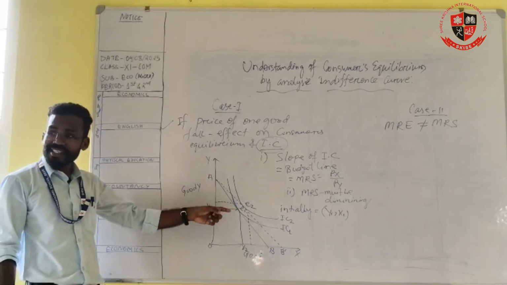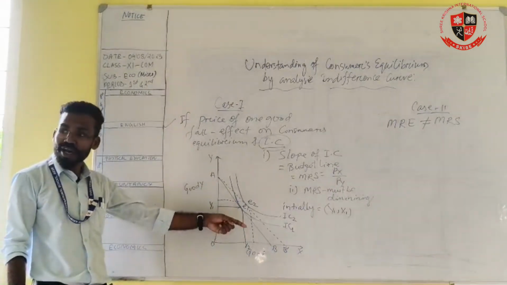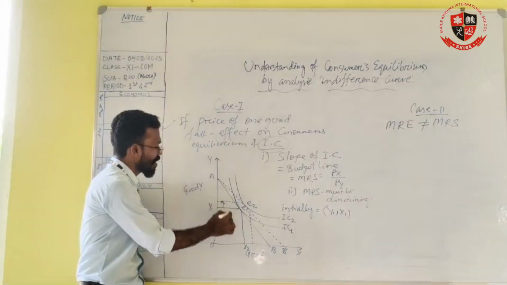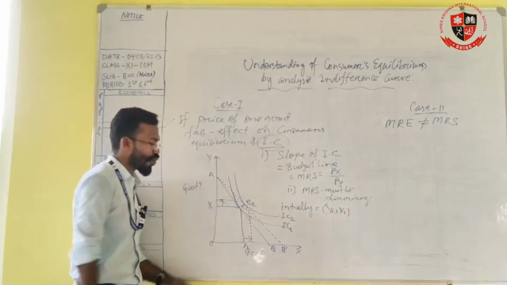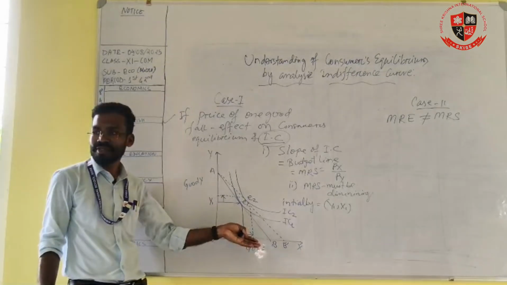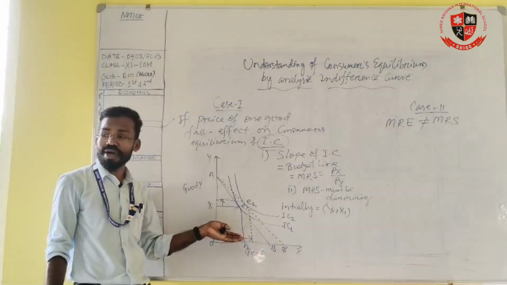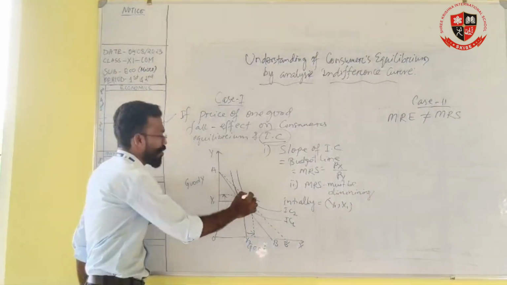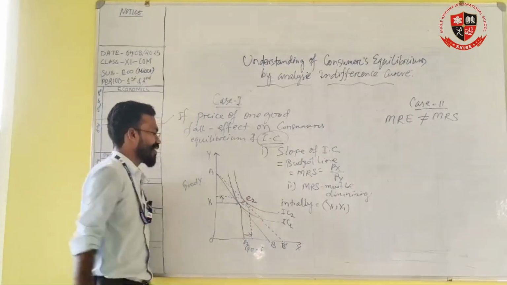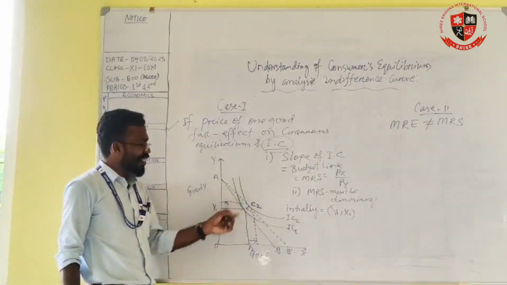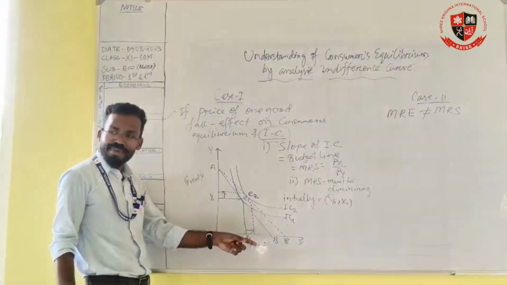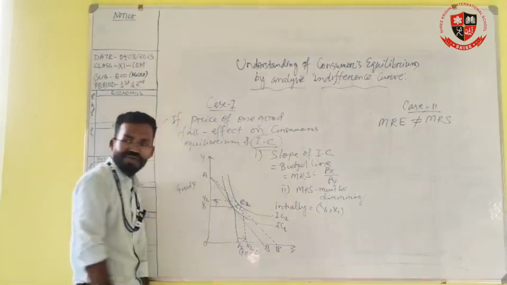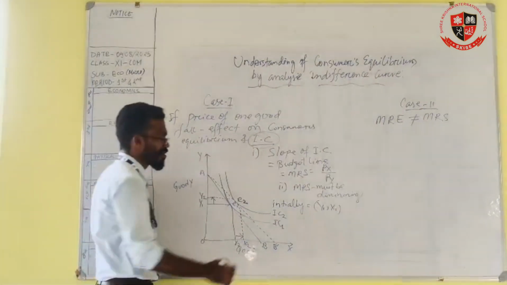If there is a change in the price, meaning a fall in the price, the consumer is consuming more of both the goods. A new equilibrium point is created, that is E2. So when there is a change in price, what will be the combination? Suppose you mark this Y2 and this X2.